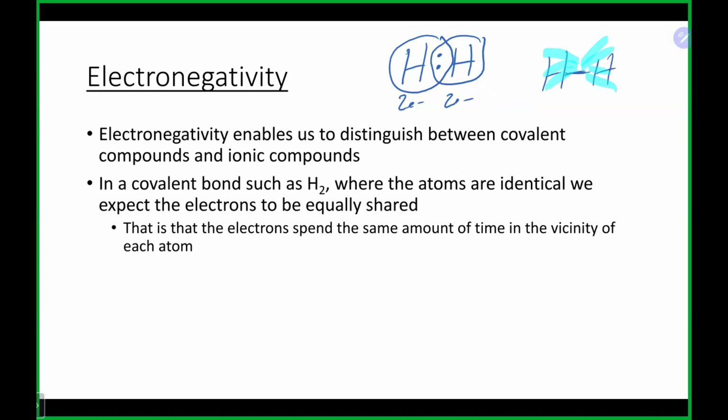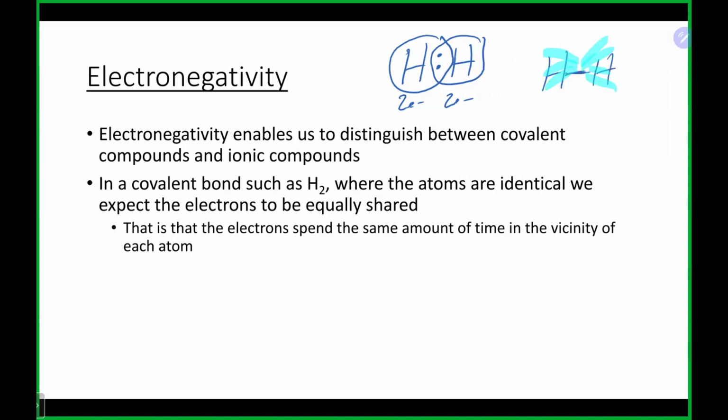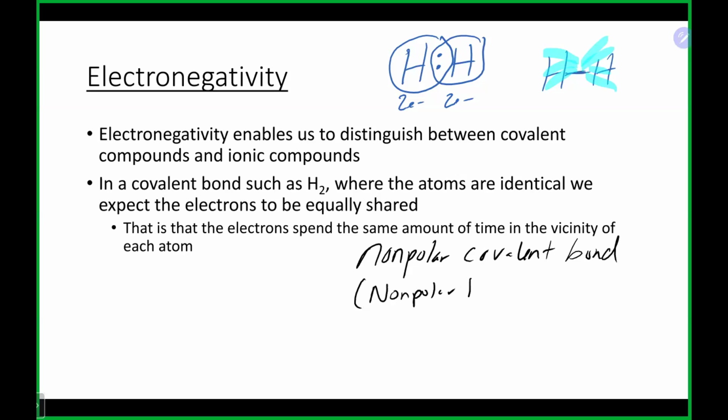And when this situation occurs, it creates a certain type of covalent bond, and this is referred to as a nonpolar covalent bond. I would say pretty much everybody leaves the covalent part out and just calls it a nonpolar bond.